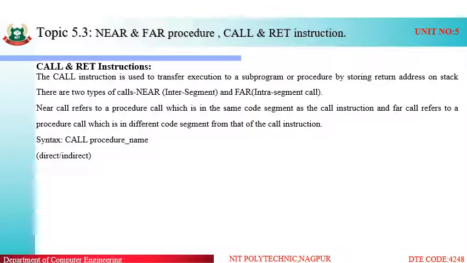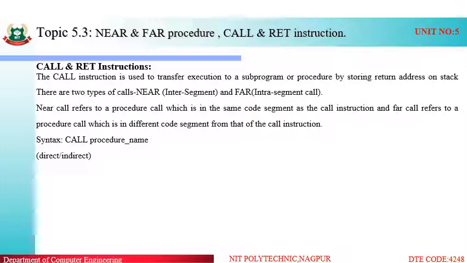Call is used to transfer the execution to a subprogram or a procedure by storing the return address on the stack. There are two types of calls, near call and far call. Near call is also called intra-segment, and far call is also called inter-segment call. Near call refers to a procedure which is in the same code segment as the call instruction.